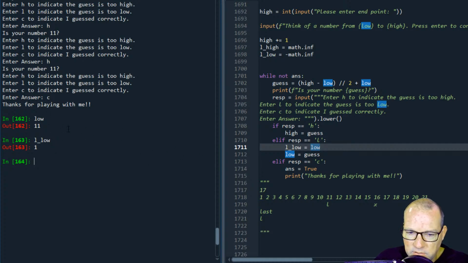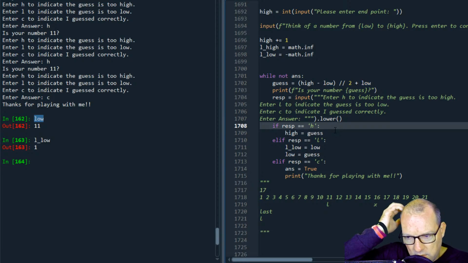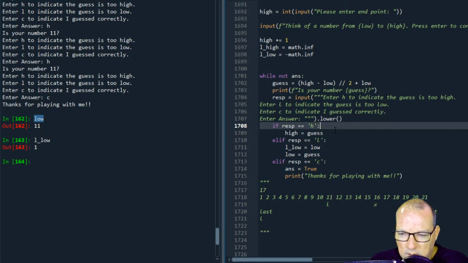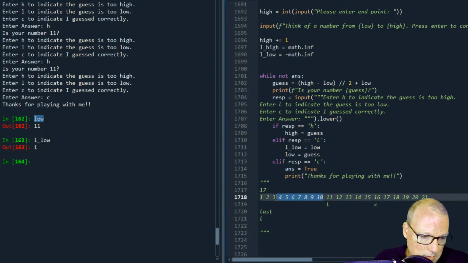So how can it be too high if our low is... Hey, we're doing this together. If anybody has any suggestions, I purposefully have not looked at this and thought about this. I know where we need to be. Let's see.